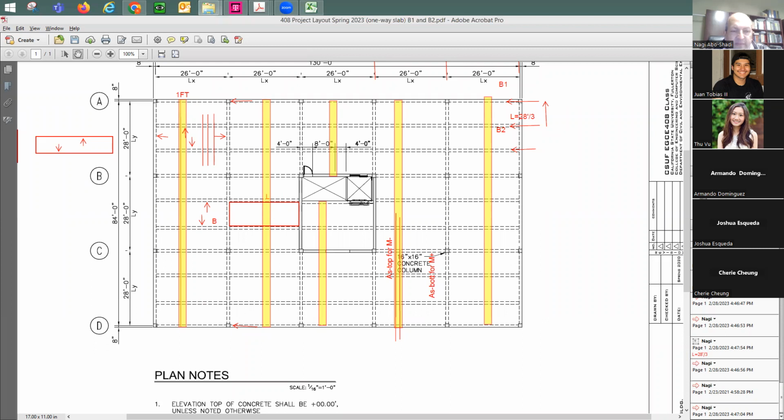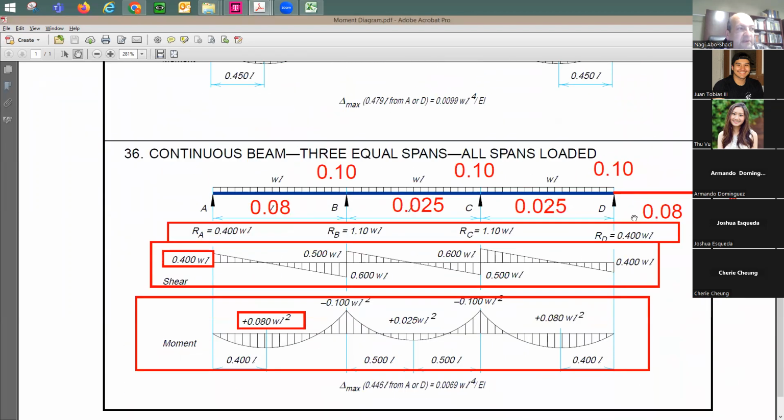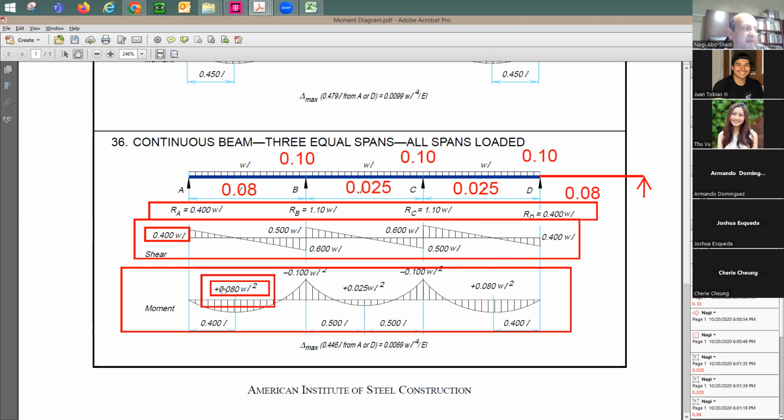How about the moment diagram? If I have this W, I'll be using this. We talked about this. Your maximum positive moment is 0.08 W L squared. The span is 28 feet divided by 3, and W you have from submittal 1. So 0.08 W L squared is the maximum positive. How about maximum negative?